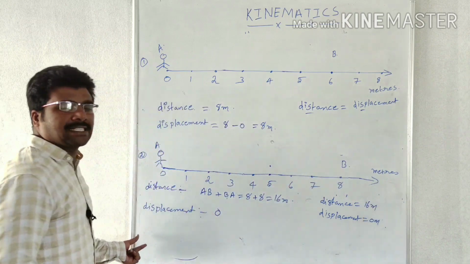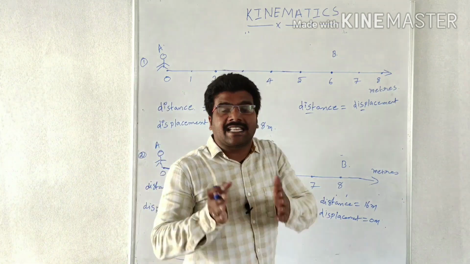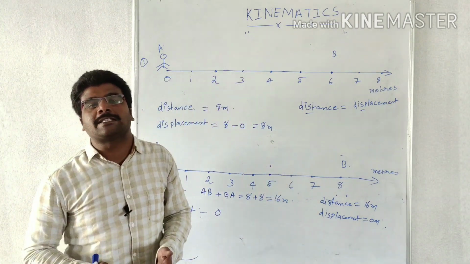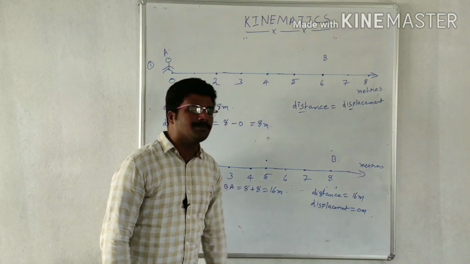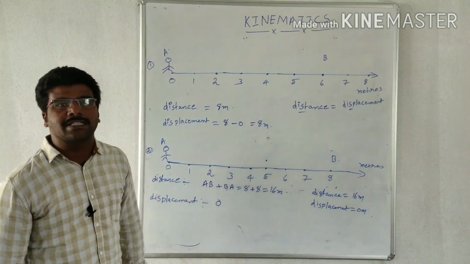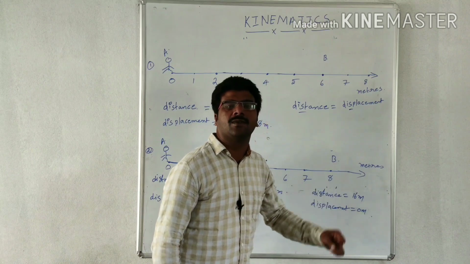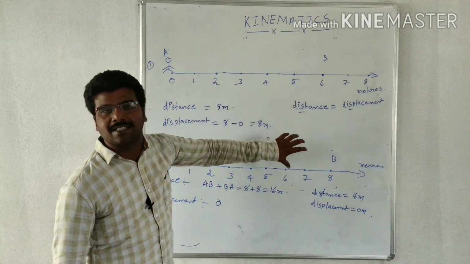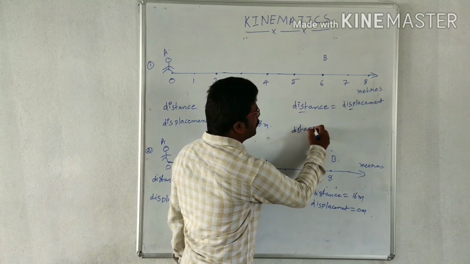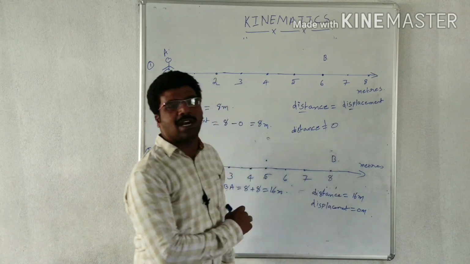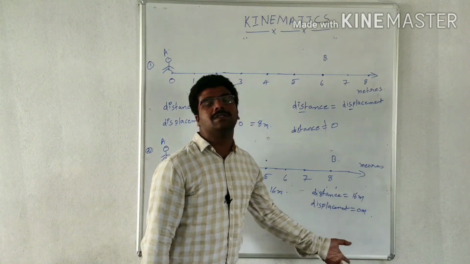So from this case, we can understand that there is a chance for the displacement to become 0. When we observe these three cases, there is no chance for distance to become 0. There is no chance, but there is a chance for displacement to become 0.